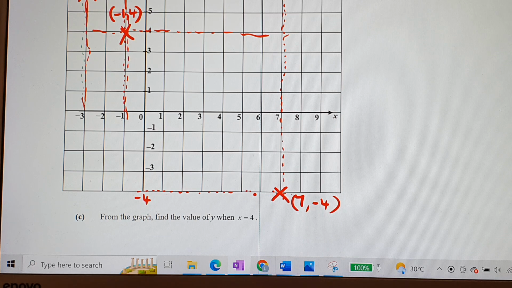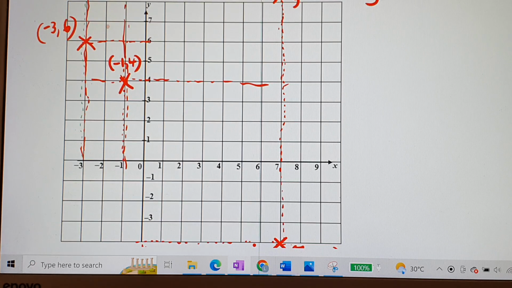Because the question asks you to draw the graph of this, they actually want that straight line. So you use a ruler. Wait, let me use a ruler.